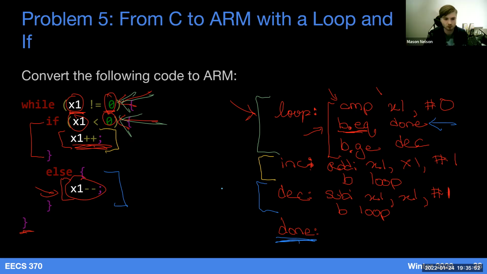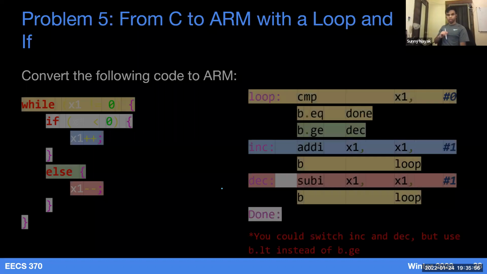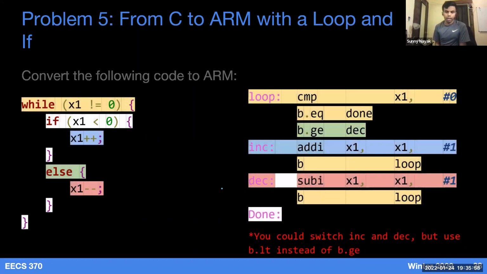All right. Let's clear my notes. There it is. And so the one thing, and I mentioned this earlier just quickly, but instead of using greater than or equal to, as I used in my solution, you could also use less than. The only result would be that you would switch the decrement and increment operators.